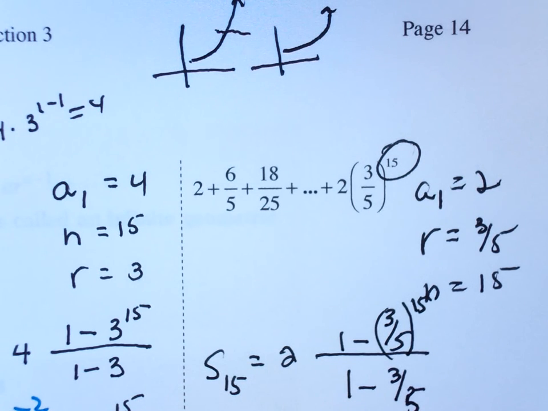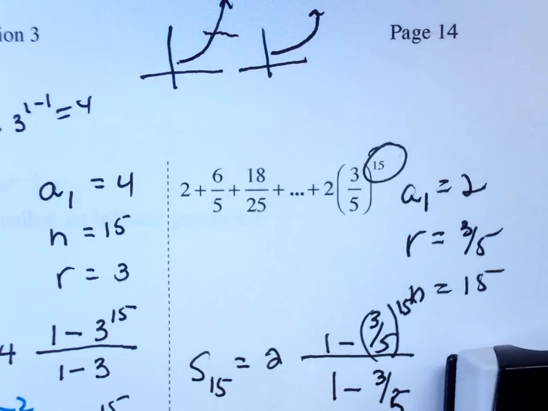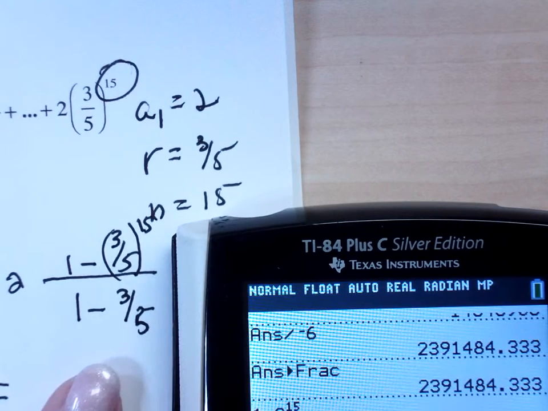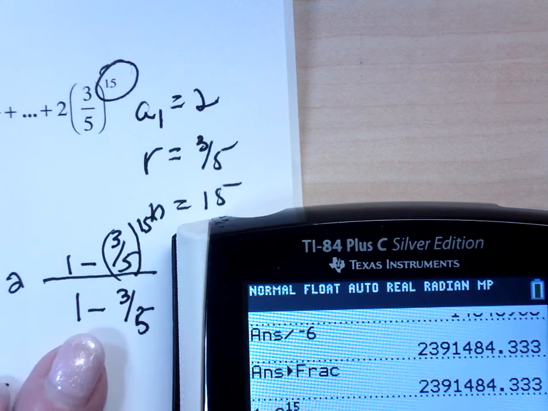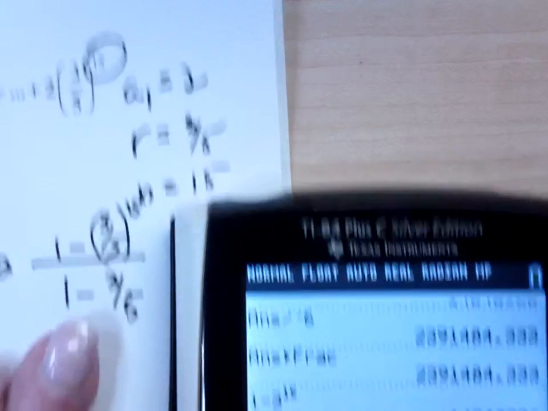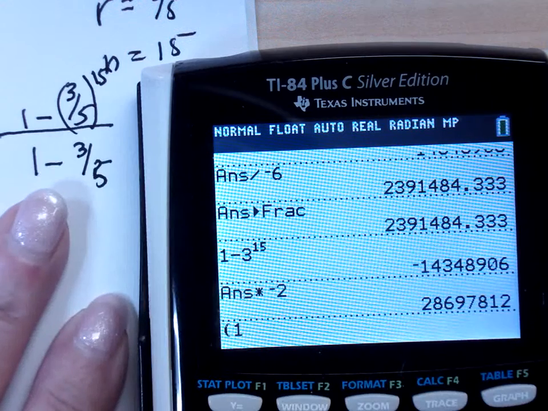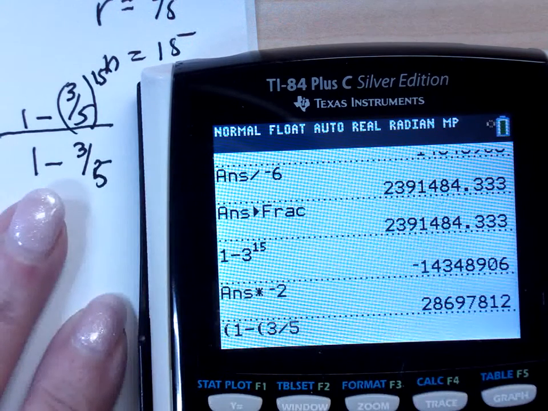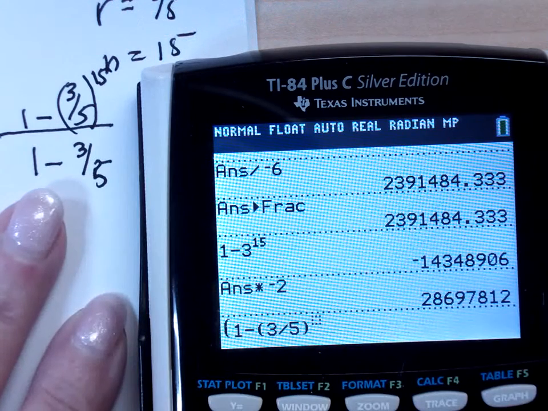So now, again, I take my handy-dandy calculator. If I want to put it all in at one time, which I don't like to do, it's parenthesis 1 minus, r happens to be 3/5, so it has to be in parentheses, to the 15, parentheses, so that's the numerator. You know why now I do it in pieces.